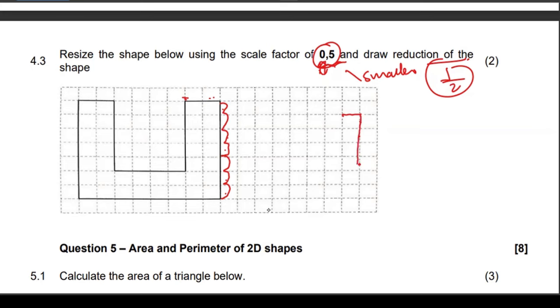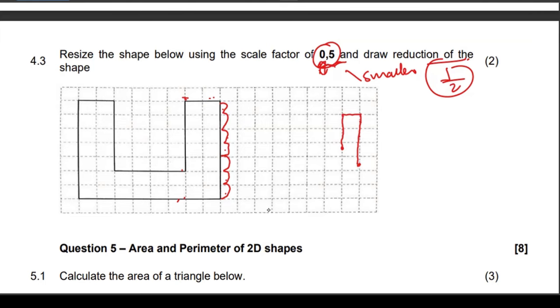And then here we have 1, 2, 3, 4, 5, which is going to be a 2.5, which is somewhere there. But this is 2 blocks, which means it's supposed to be 1 block. Yeah, it is, because it's a half.